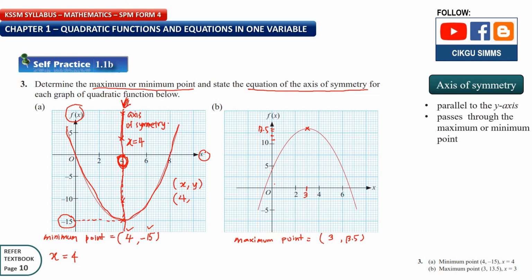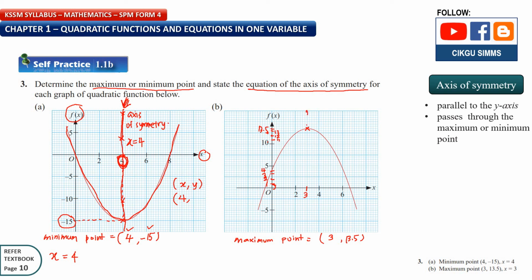Because two small boxes equal 1, so one box is 0.5. So 10, 11, 12, 13, and one box is 0.5, so 13.5 is the y value. So we get the maximum point is 3 and then 13.5.